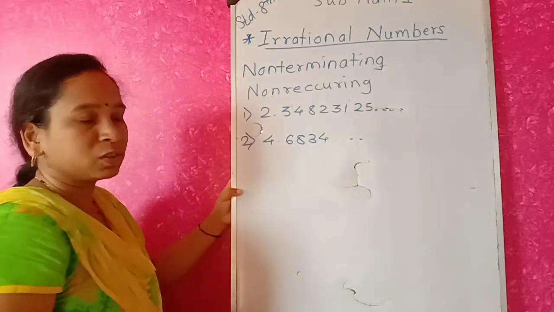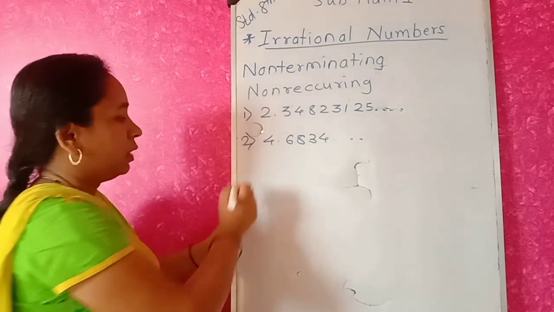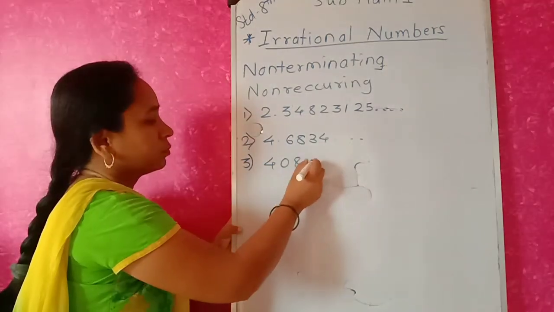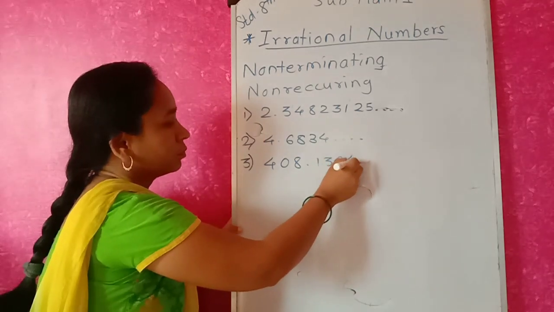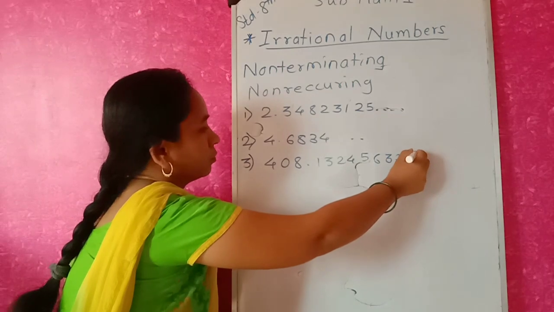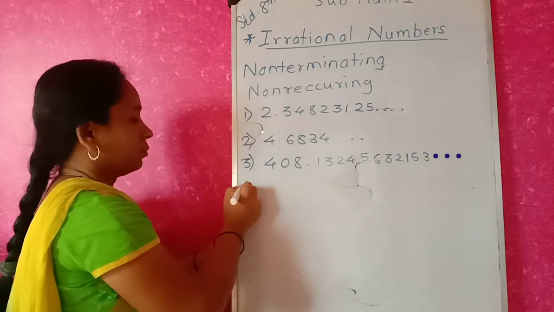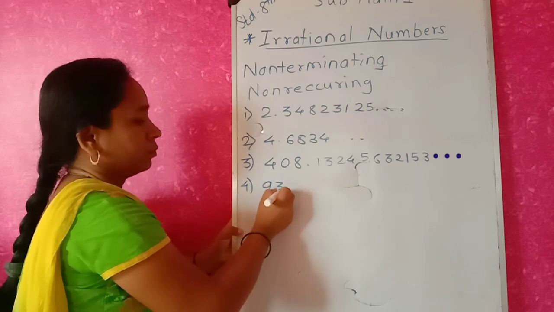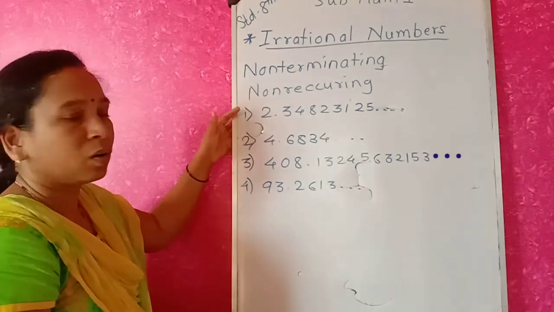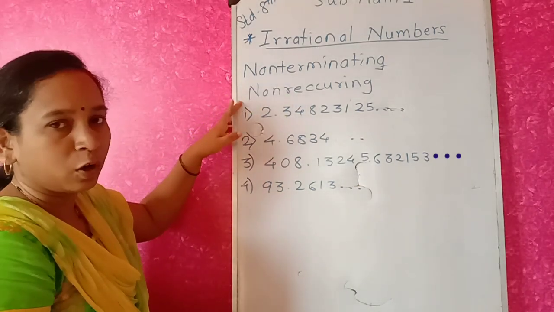Here also it is non-repeating, non-recurring and non-terminating. All these examples are non-terminating and non-recurring.